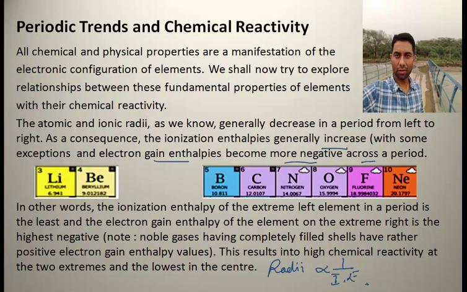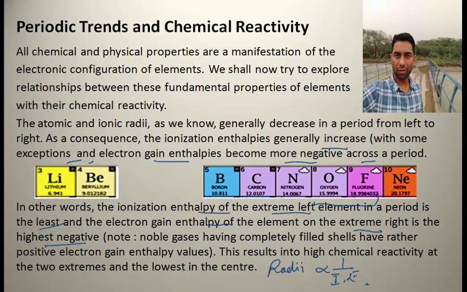In other words, the ionization enthalpy of the extreme left, alkali metals or alkaline earth metals, is the least because they have the biggest size, and electron gain enthalpies of the elements on the extreme right are the highest negative, that is fluorine, oxygen, this part. Noble gases, as you know, have positive values due to fully filled electronic configuration, already discussed.